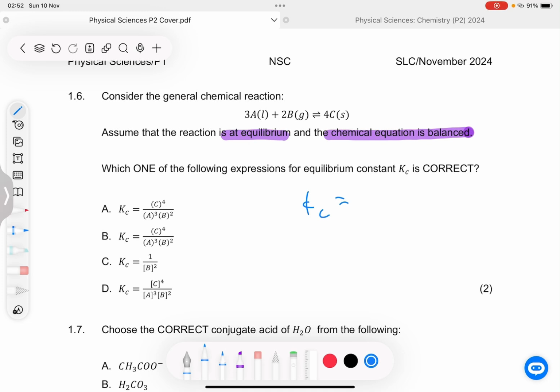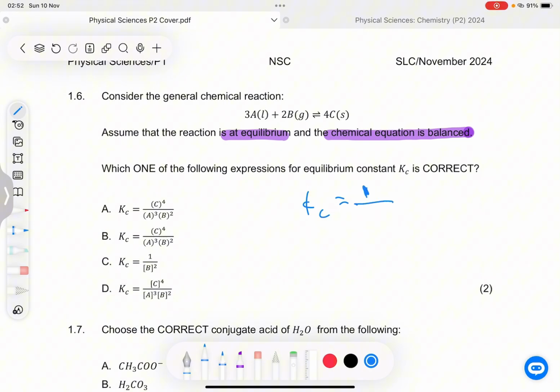Kc is going to be defined by the concentration of the products divided by the concentration of the reactants, right? But we then take these numbers and put them as powers. But you have to notice that when we define Kc, it is only defined for the aqueous solutions and the gas. If we have a solid like here, we can't put that into our equation.